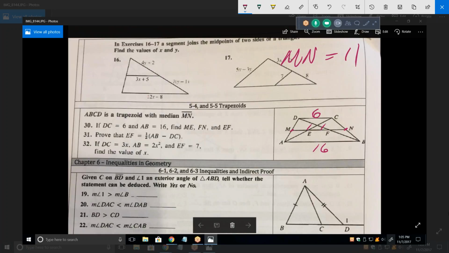Now if we look at this trapezoid, does that help? I'm not sure. I still can't tell whether EF is 5 or 6 or 7. In other words, nowhere does it say here that everything has to be an integer.